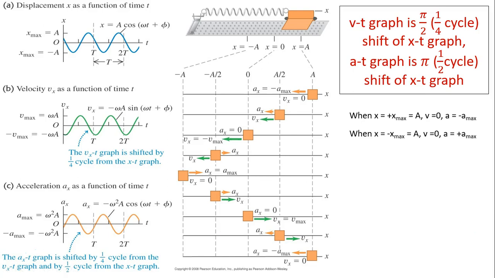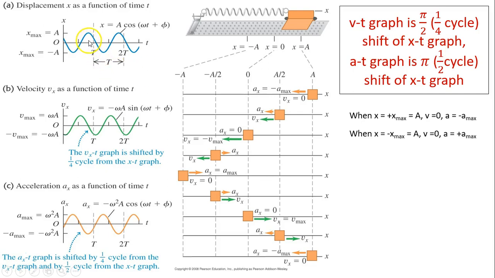Let's take a look at displacement x as a function of time, and see how the displacement, velocity, and acceleration graphs relate. If this is the displacement, then the velocity is this. The velocity versus t graph is a pi over 2 shift of the x versus t graph.